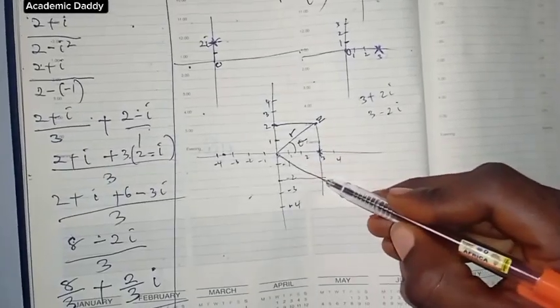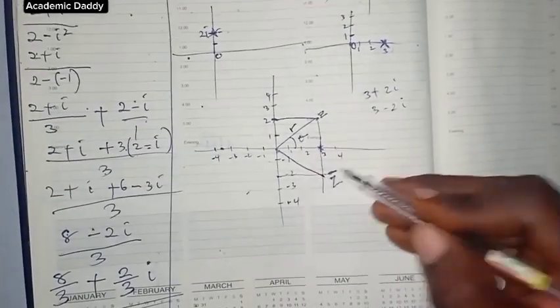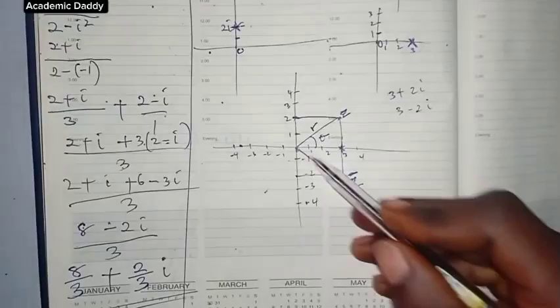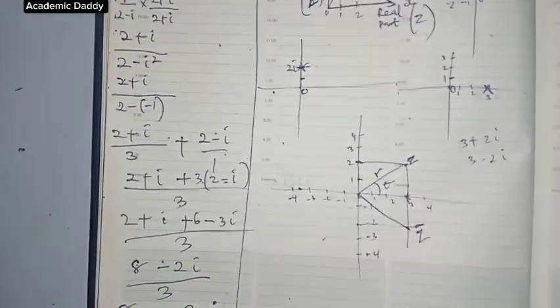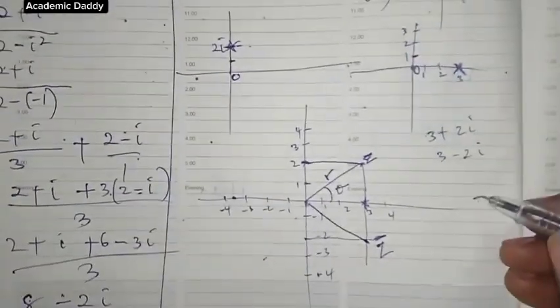So you see, this is my z conjugate, and this one is my z. This arrow points to that particular complex number. So z and its conjugate. Let's say they said minus z.